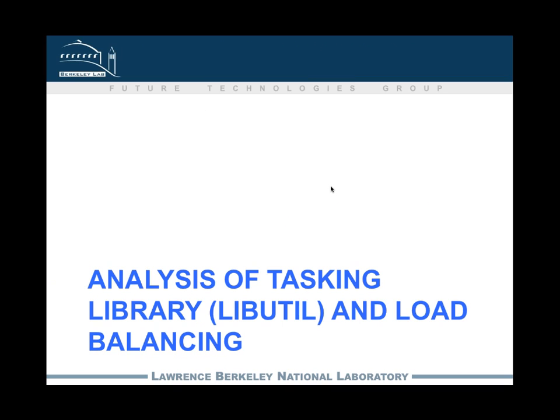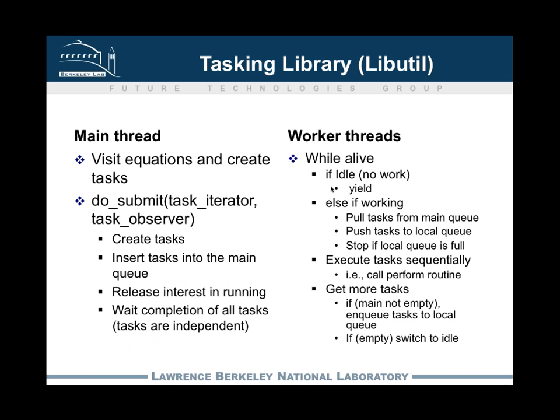The other thing we looked at is the performance of the tasking library. The way tasking is managed in Libtensor or Libutil, which is responsible for managing tasks, is that there is a main thread that visits all the chemistry equations, creates tasks, submits these tasks to a main queue, then releases interest in running and waits for all worker threads to do the computation.